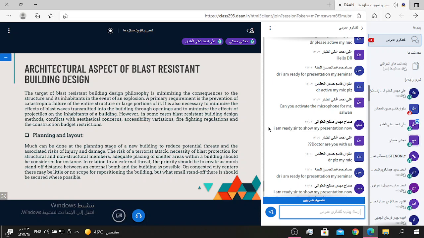The priority should be to create as much standoff distance between an external bomb and the building as possible. In congested city centers, there may be little or no scope for repositioning the building, but what small standoff there is should be secured where possible.